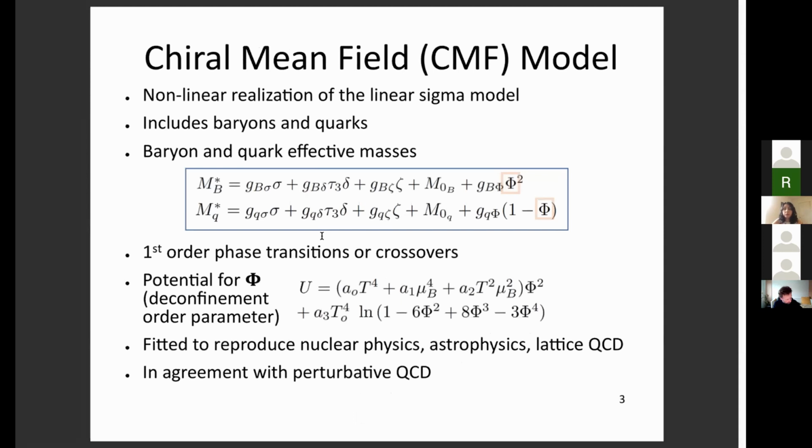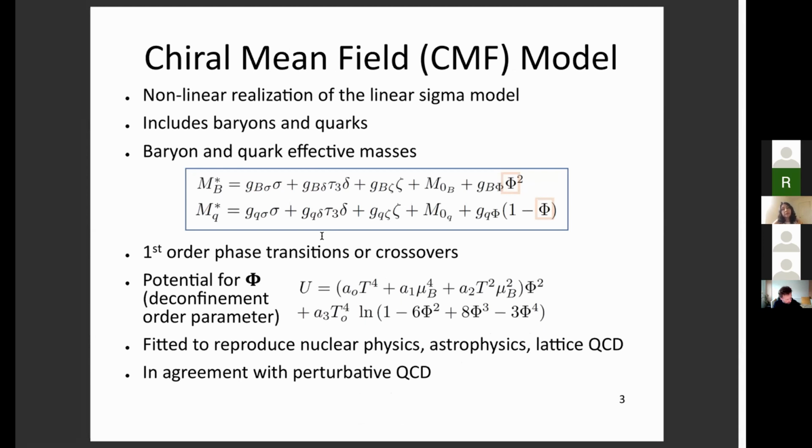The model I'm going to use to create these phase diagrams is the Chiral Mean Field model. This version is a little bit different from the one that Jan explained in the previous talk. It also contains baryons and quarks, but here I'm not including particles that have negative parity.